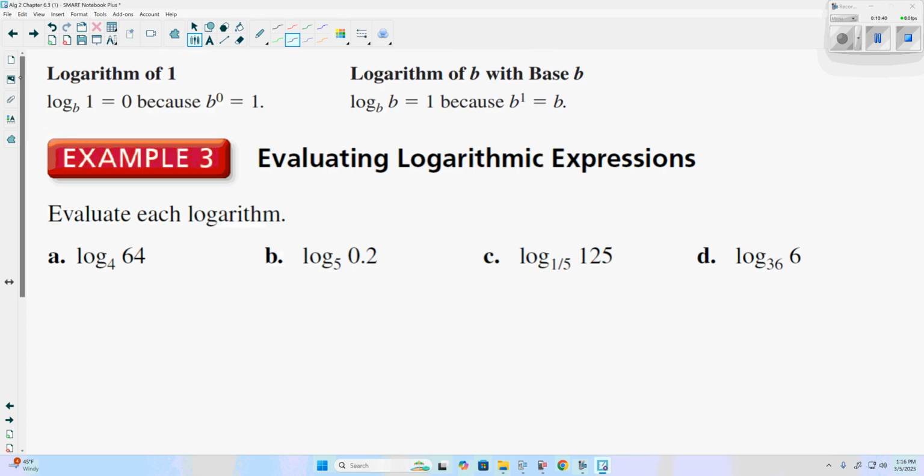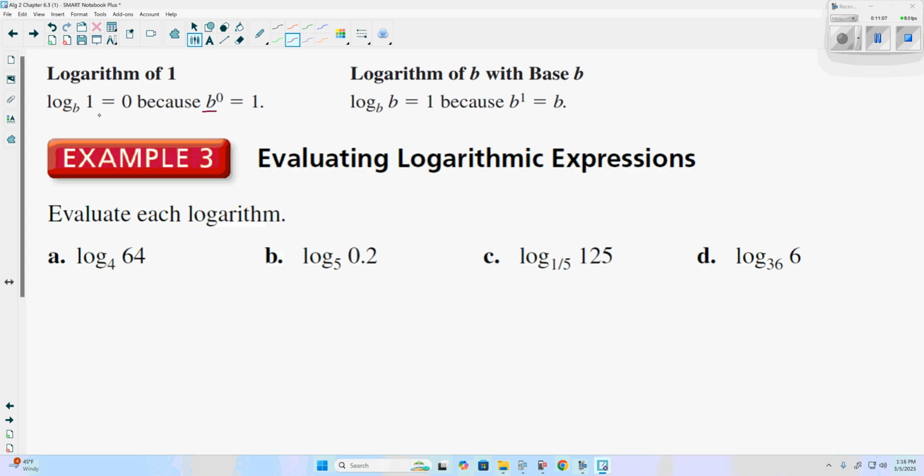Evaluating logarithms. Now there's two that are very good to know. Log base b of 1 is 0. Because if we rewrote it as an exponential, we're saying that b to the 0 power is 1. So if 1 is inside that logarithm, we know it's going to have to equal 0.